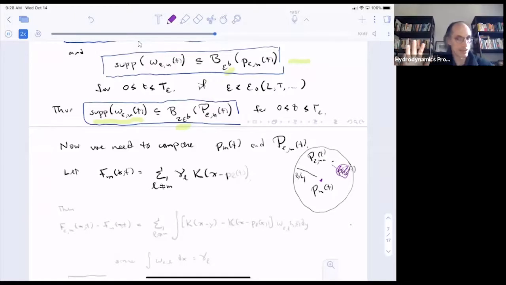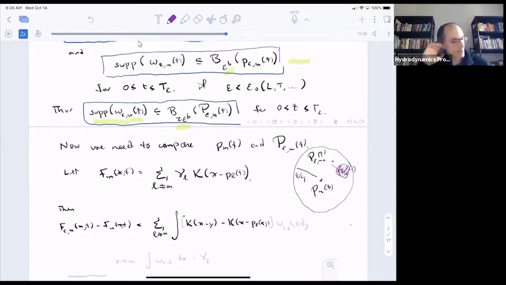This is just the right-hand side of the point vortex ODE system. And what I'm writing down here is the difference between the right-hand sides of the ODEs for the capital P epsilon m and the little p sub m.